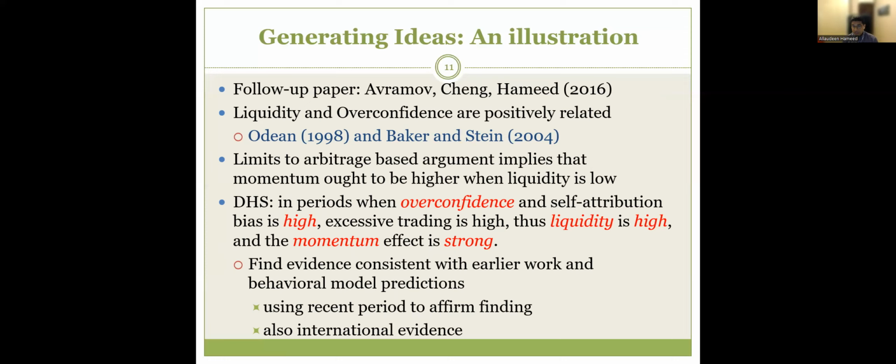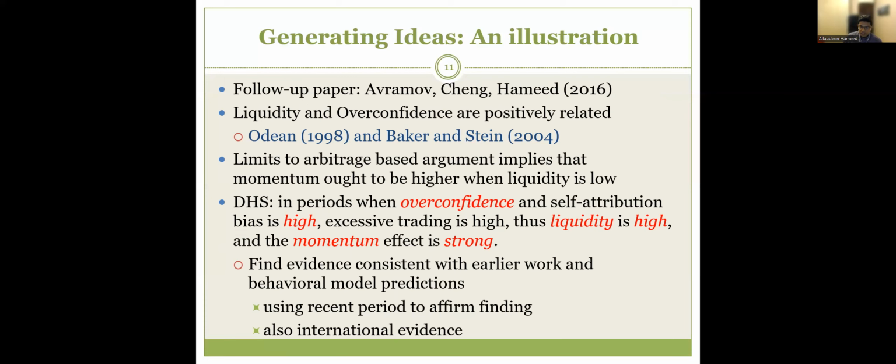So we find evidence consistent with our earlier work and supportive of the behavioral model that overconfidence generates momentum. And this is related to both the aggregate market valuation as well as the state of market liquidity. And we use more recent data, since there was like a 10 to 15 year gap between the two papers, to affirm the finding.